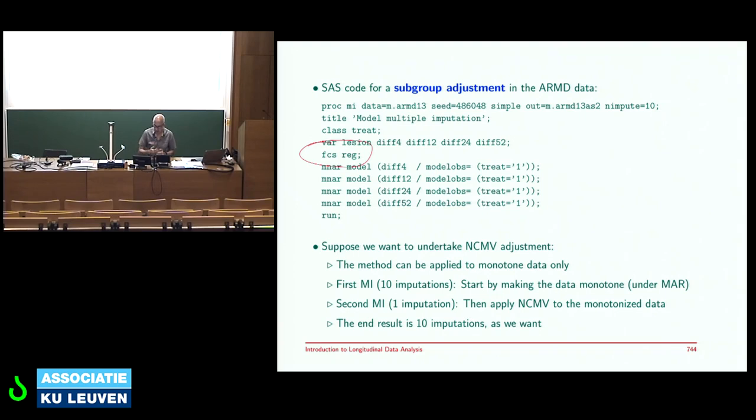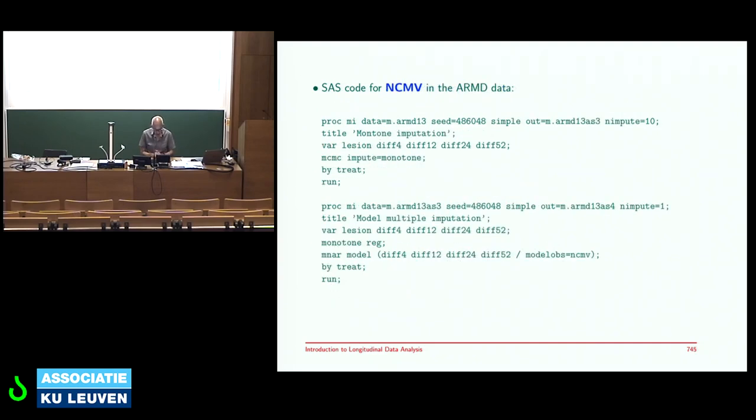And then in the second round, we have monotone data. Now we apply multiple imputation again, 2 calls to multiple imputation, and we make the monotone data complete, but there we apply identifying restrictions. So this is how you do it, for example, in practice. Look, in the first part of the program, there is impute is monotone. So now you have the 2 uses of monotone next to each other.